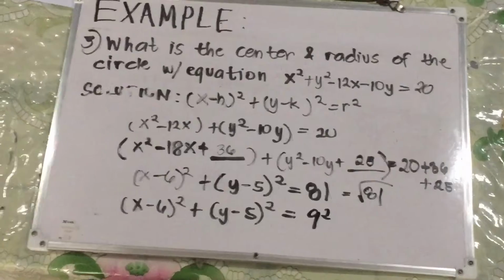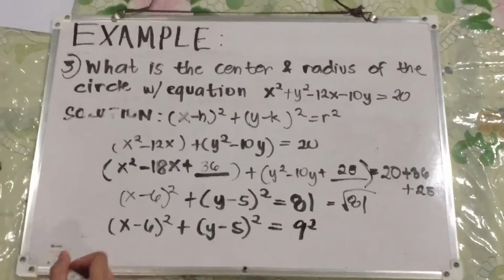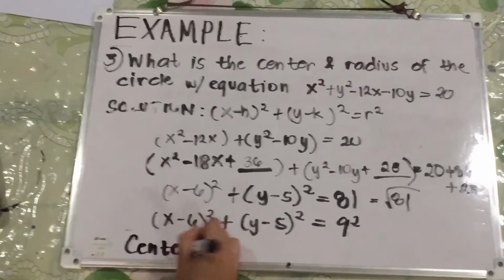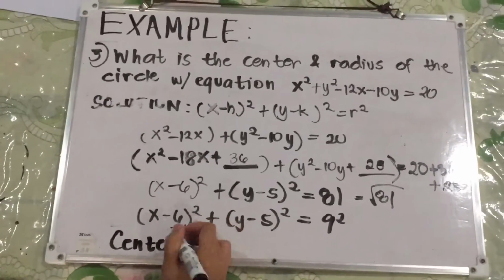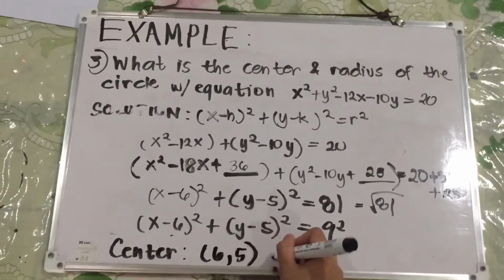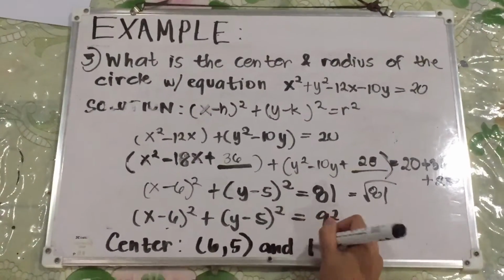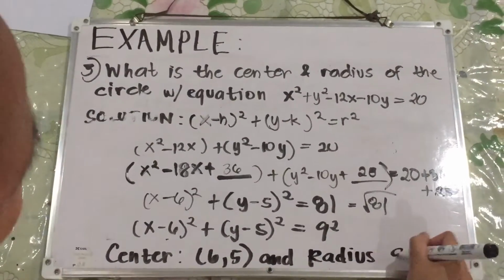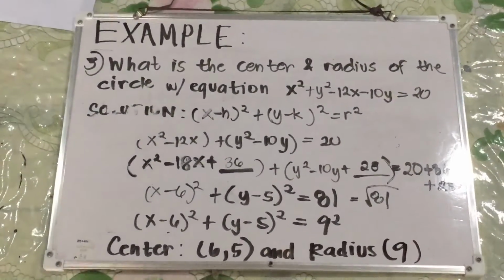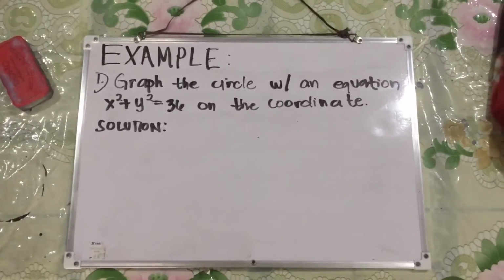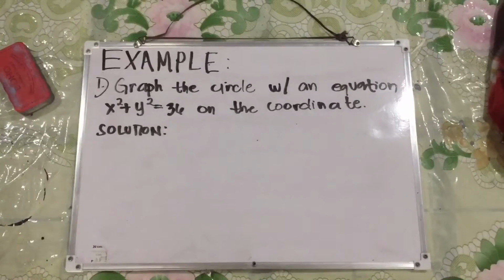From that form, we can now have the center and the radius. The center is (h, k) = (6, 5), and the radius is equal to 9.